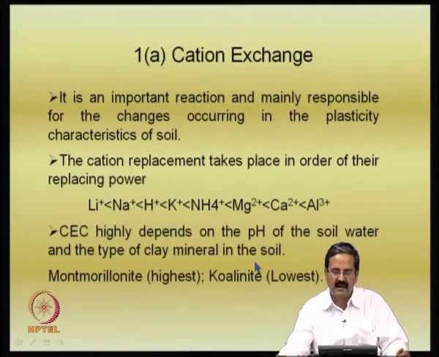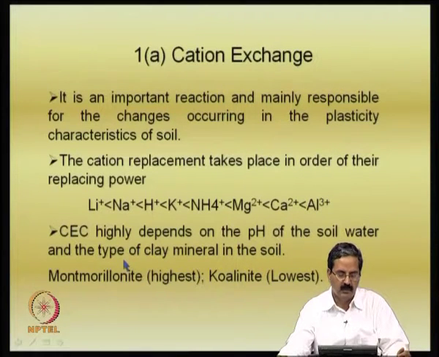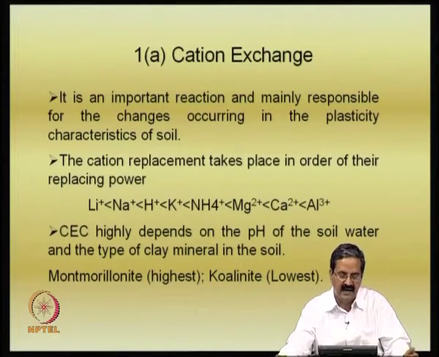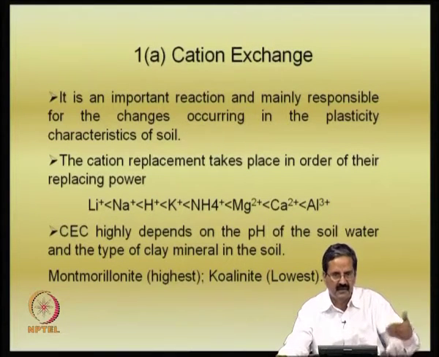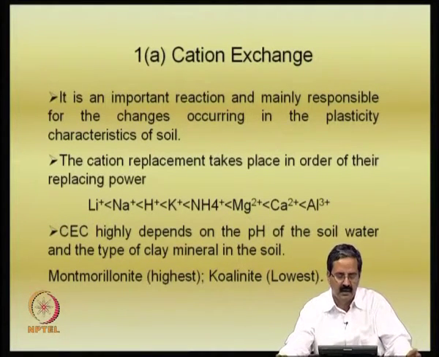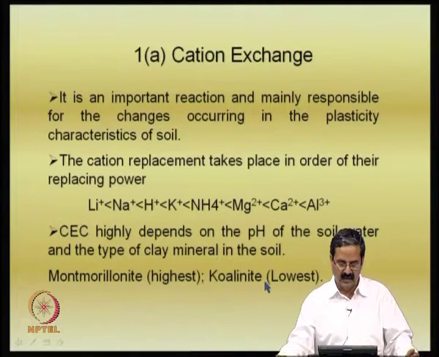We know there are different types of clay minerals, montmorillonite, kaolinite and illite, and the specific surface of montmorillonite is very high. Because of this, sodium bentonite has the highest cation exchange capacity, whereas calcium bentonite has a much lower capacity just because of the valency. Some of these things are already well known in geotechnical engineering, particularly when you are studying soil behavior and clays.